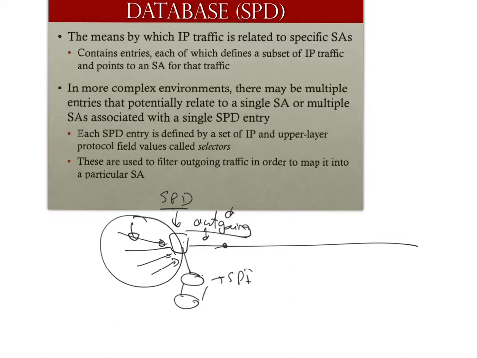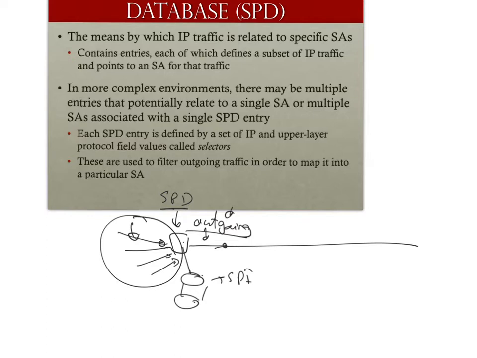This is what happens in VPN. So in a VPN, if you have a tunnel inside your home router, for example, any traffic that is going out from your house goes through that tunnel, in which case all this traffic maps to the same security association. So that's logical. Each security policy database entry is defined by a set of IP selectors.